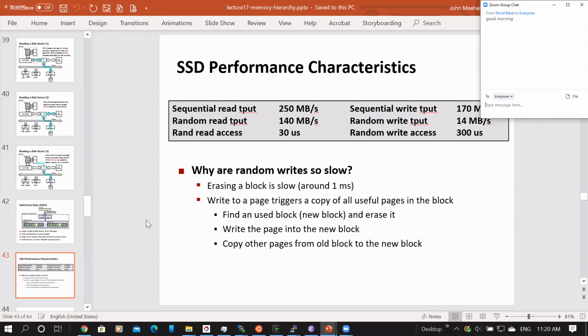So when you look at the solid state drives and you look at their speeds, you'll see that the read speeds are a lot faster than the write speeds. And that's because of that phenomenon where you have to erase the whole block and then write it back with the change that you wanted to make in order to actually do a write.